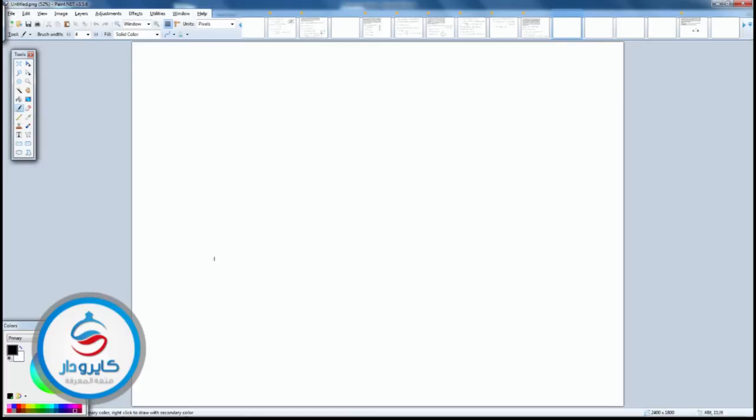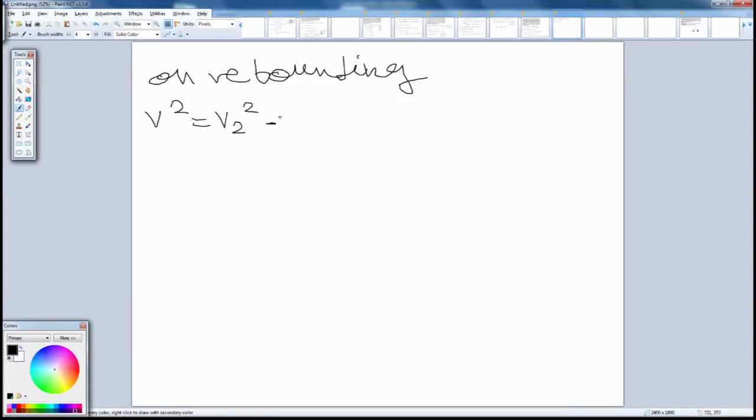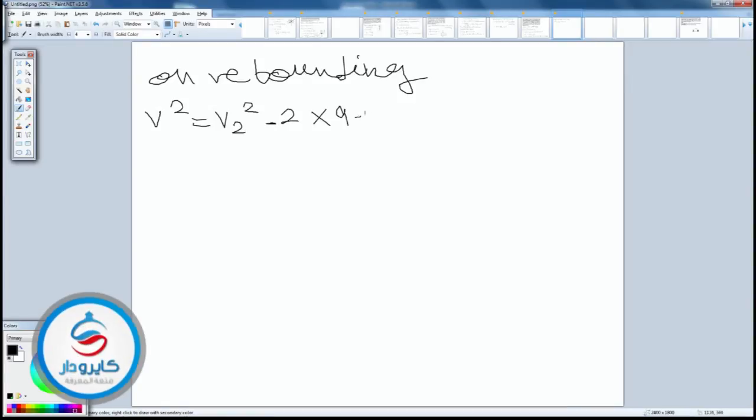On rebounding, V squared equals V2 squared minus 2 by 9.8 by 2.5.